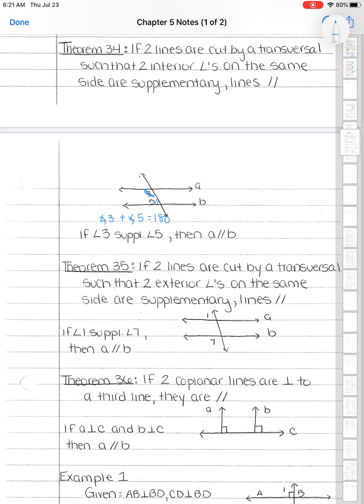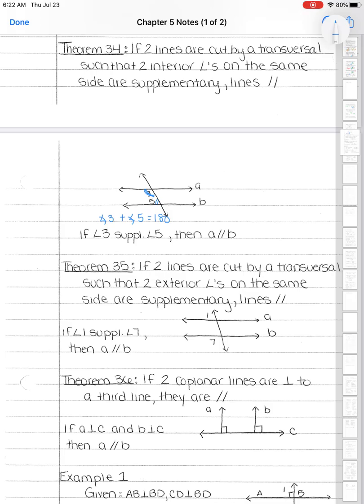You also might see it where you might know that angle 3 plus angle 5 equals 180, either one of those. All right, so we're just continuing to go through each of these different types of angle pairs. So theorem 35 says if two lines are cut by a transversal such that two exterior angles on the same side are supplementary.